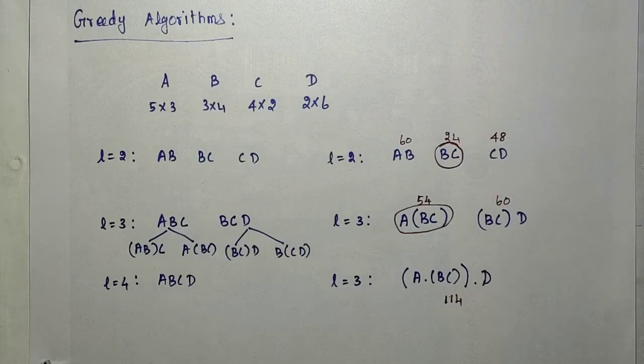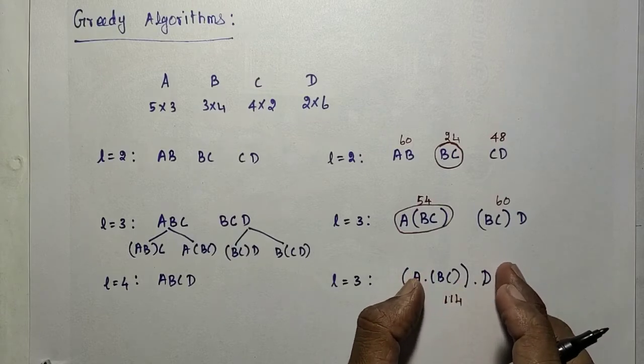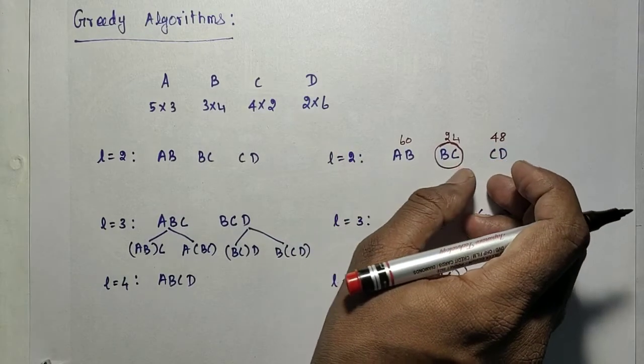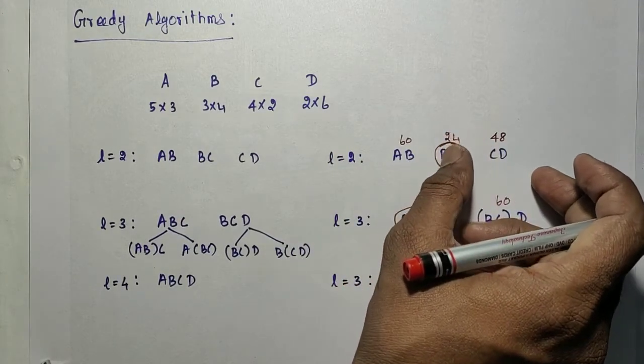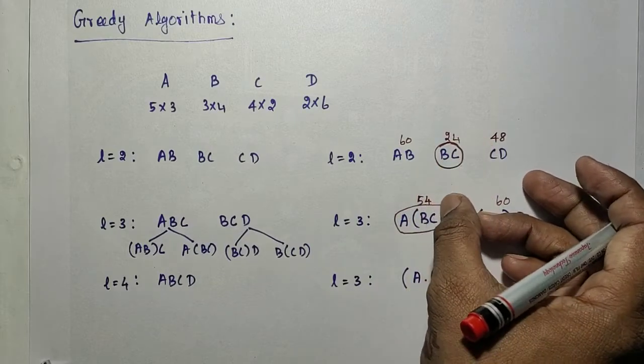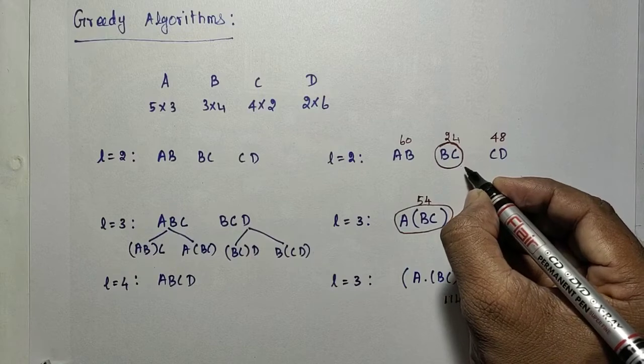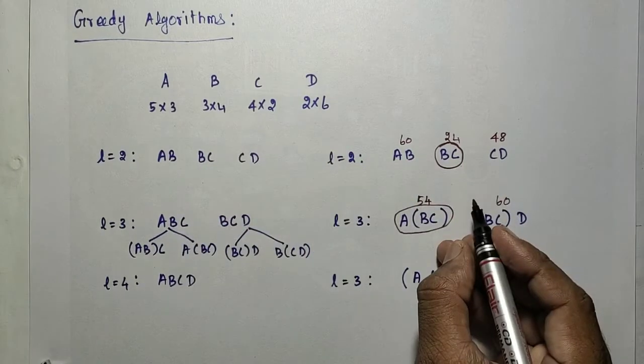So this is called the global best solution. Finally, the solution we get is the global best solution. At each level we obtain one best solution, that is a local best solution. The choice made at each level is usually called the greedy choice.